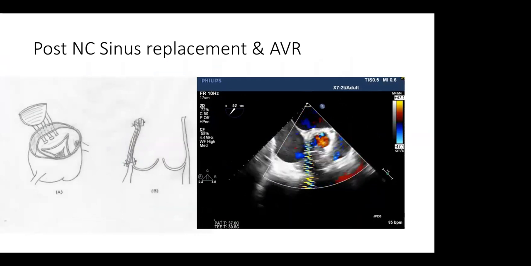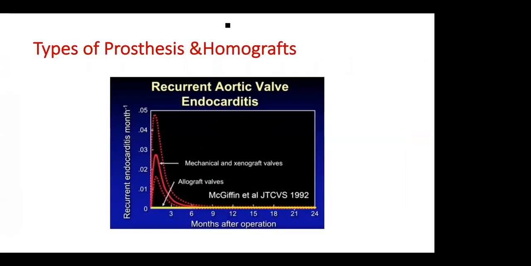It was bicuspid and infected. The question of what type of prosthesis to use is, again, a difficult problem in infective endocarditis: what prosthesis you use in terms of valves, and in terms of changing the aortic root, using Dacron versus a biological conduit.